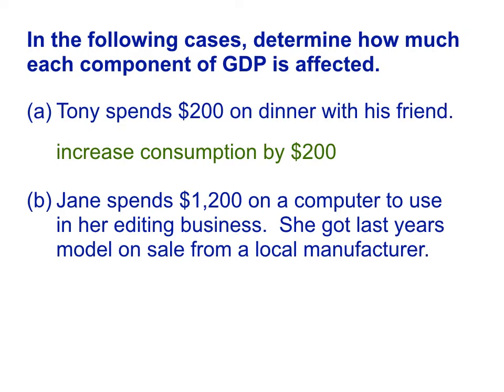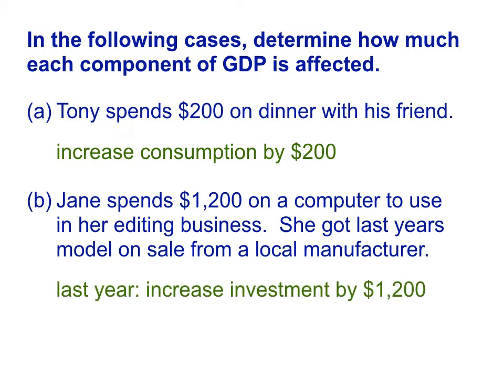Well, this computer was produced last year. So we can say that last year there was an increase in investment of $1,200. Now, why is this an increase in investment? Because this computer stayed within the inventory of the company. All right, so the company produced this computer.